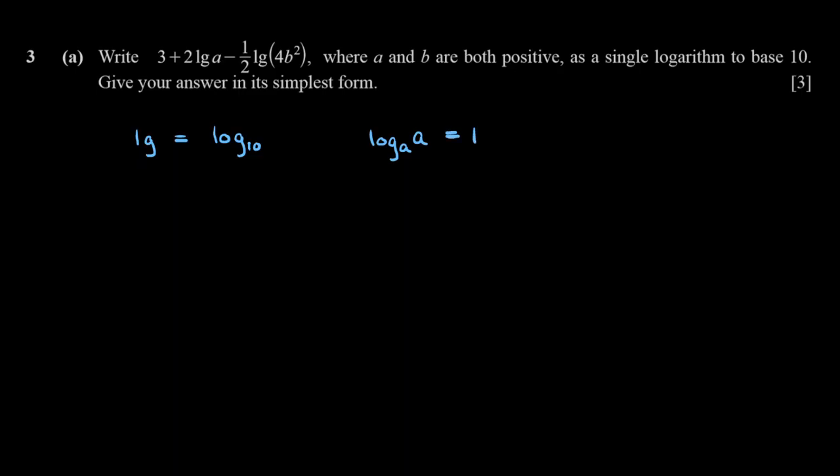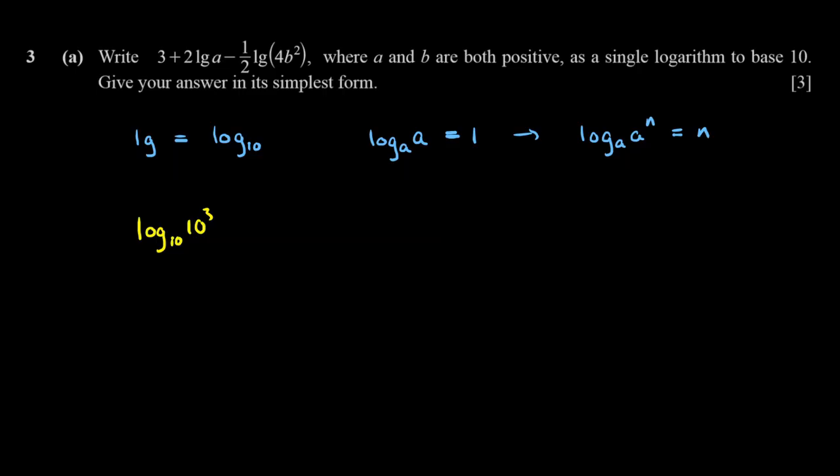In other words, this will work with any base, whether it's base 10 or base 3 or base 4 or base whatever. And so what we could say as well, drawing on from that, is that log base a of a to the power of n is equal to n. Okay, so what we could do is take this 3 and immediately replace it and say, this is the same thing as log base 10 of 10 to the power of 3.